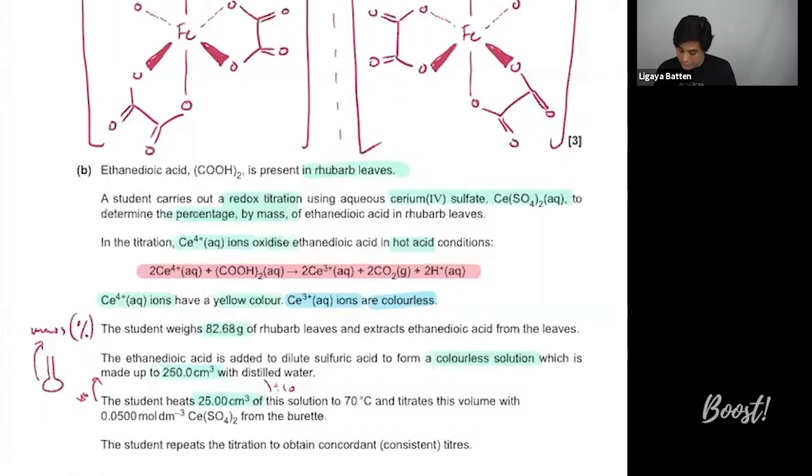Okay, so they heat it to 70 degrees centigrade and then titrate that volume with 0.05 mole per decimeter cubed of the cerium sulfate that we had above. And just note that this cerium sulfate, given this formula, is our 4+ ion, which should be the yellow colour. Okay, the student repeats the titration to obtain concordant, consistent titers.